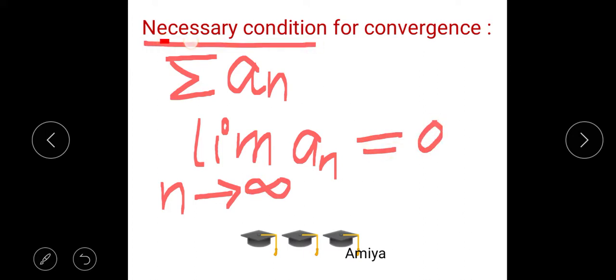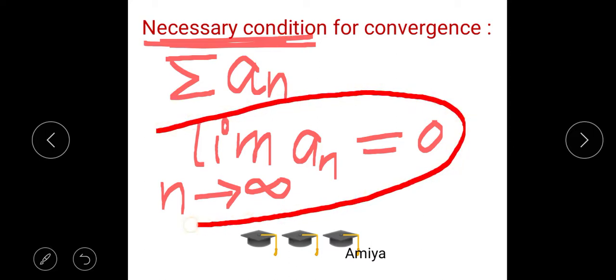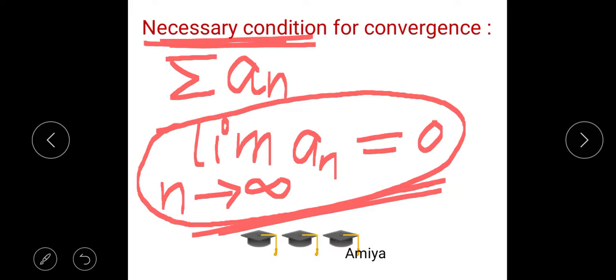Now see carefully, this is the necessary condition, that is every convergent series must satisfy this criteria. If this condition is not satisfied for any series, the series will not be convergent.